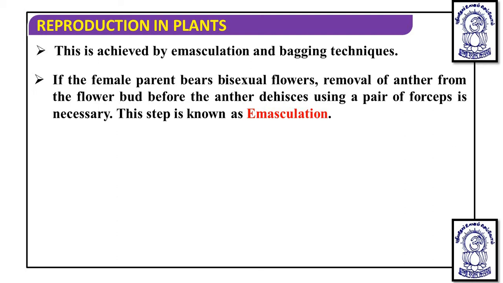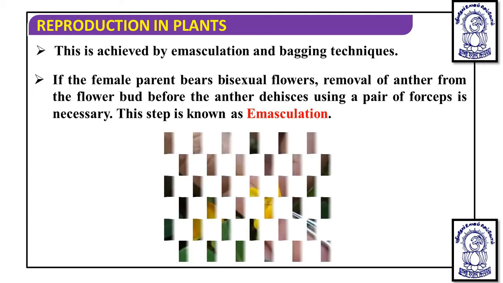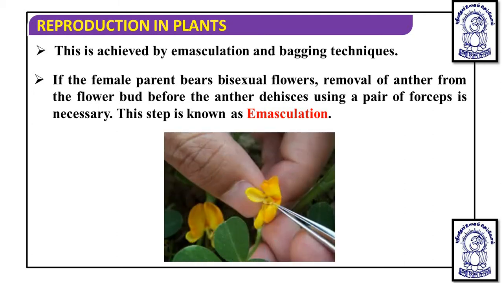It is done in the floral bud, before the anthers release their pollen grains. We have to cut them with a pair of forceps. That is necessary, and that is known as emasculation. So emasculation is done before the release of pollen grain by the anther. We have to remove the anther from the bisexual flower.